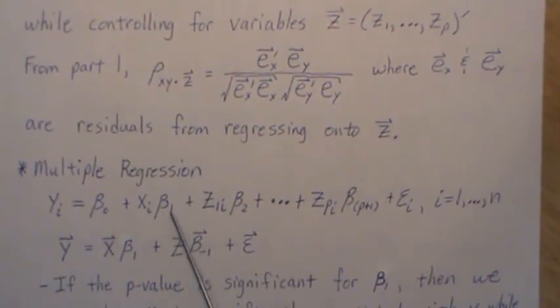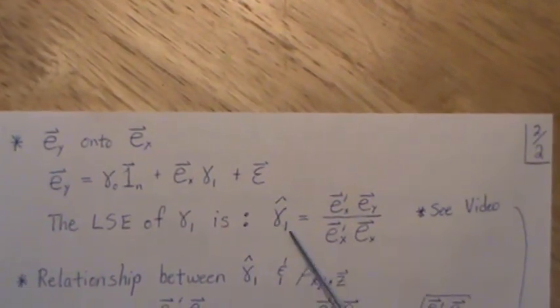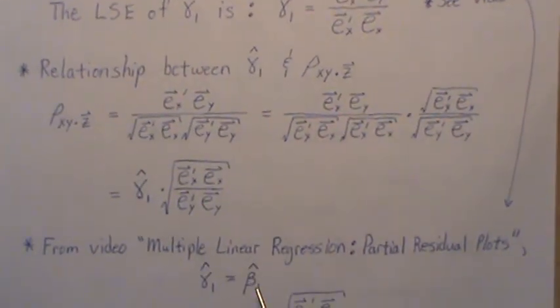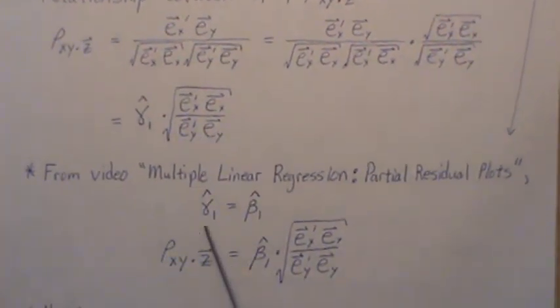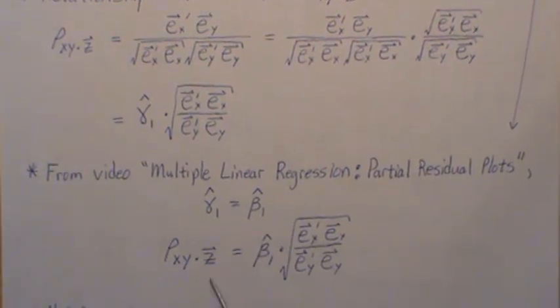The least squares estimate for beta 1 is 100% equal to the regression of these residuals onto each other. Right? So now that tells us that the partial correlation between x and y given z, or controlling for z, is actually beta 1 hat times this constant. So they are related.